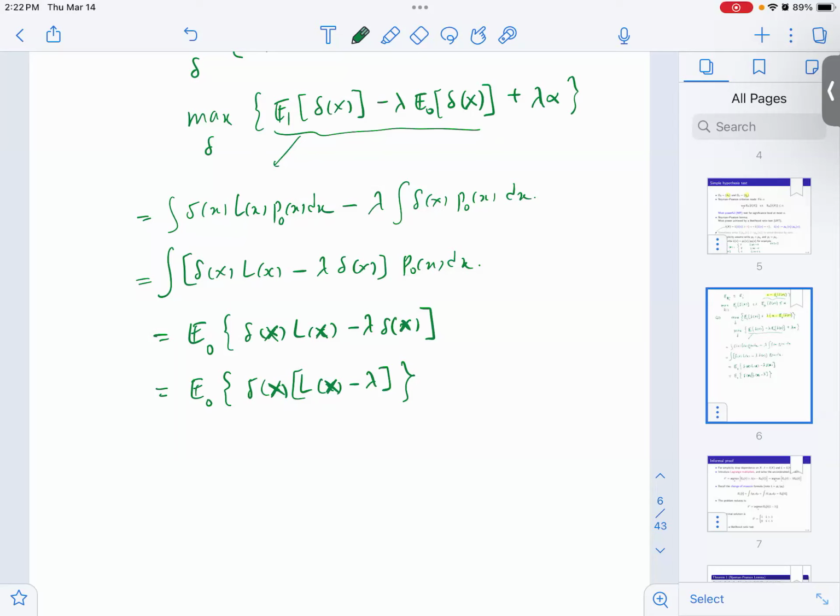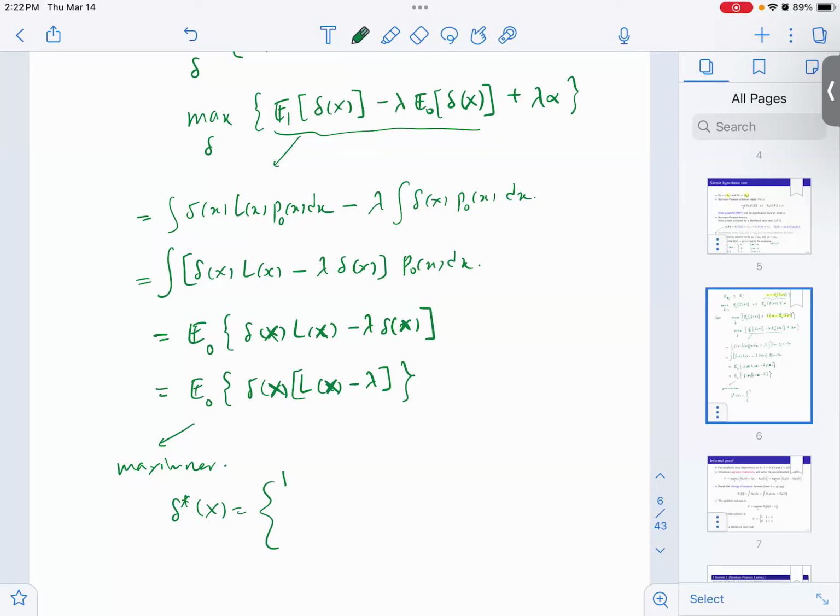Any idea? You want to maximize this for any particular x. The delta star x is going to be one whenever this is positive, because then it will contribute positively. If it's positive, I want to maximize as possible, so I'm going to take the cap, which is one.